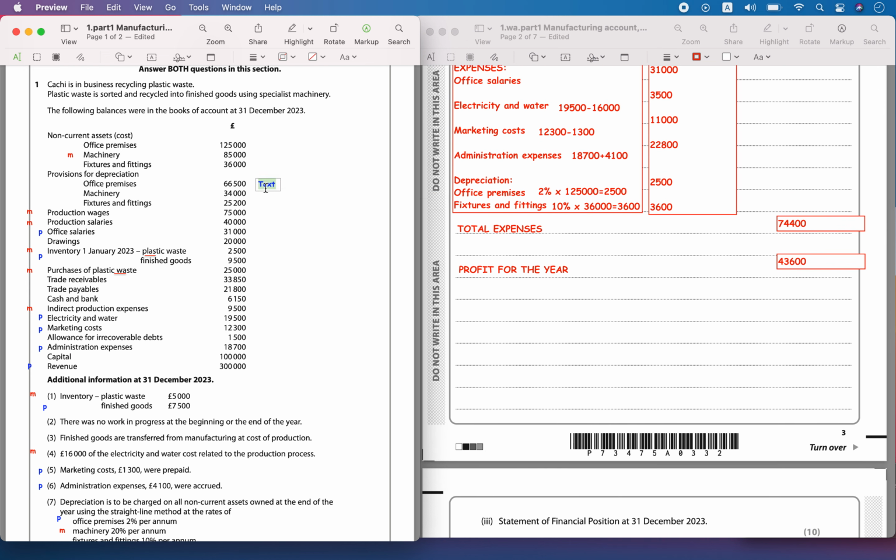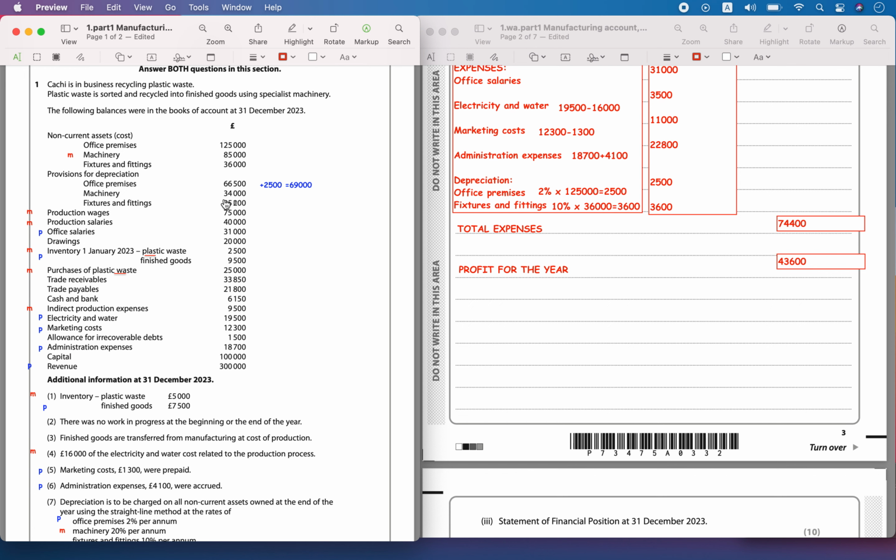The office premises was an extra 2,500. That was this year's depreciation. So 66,500 plus 2,500 is equal to 69,000.